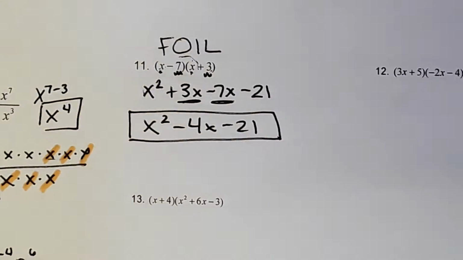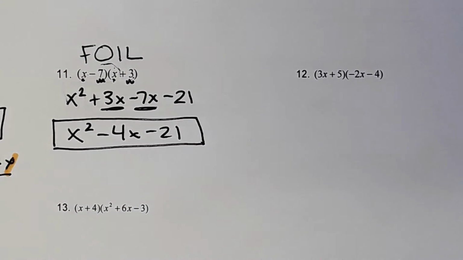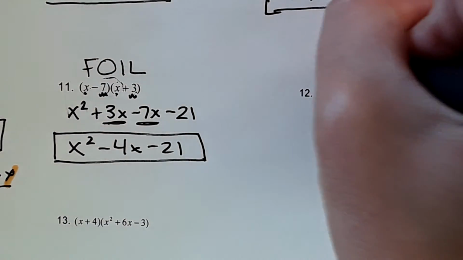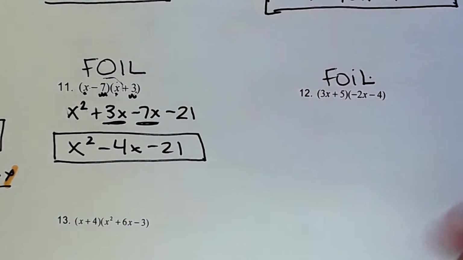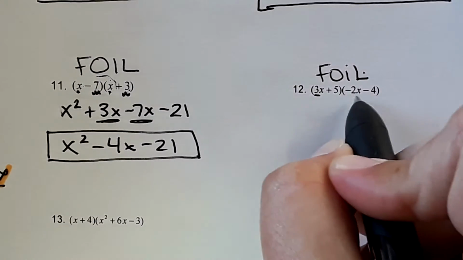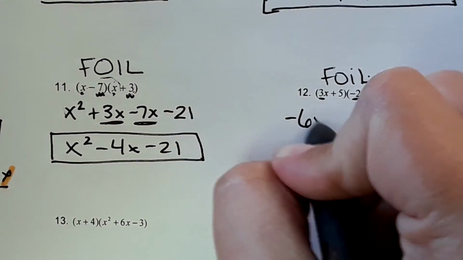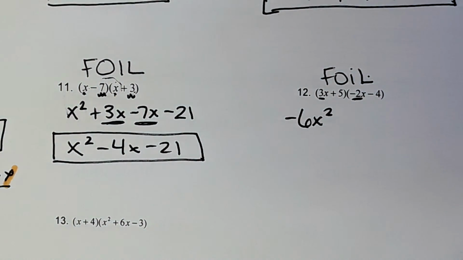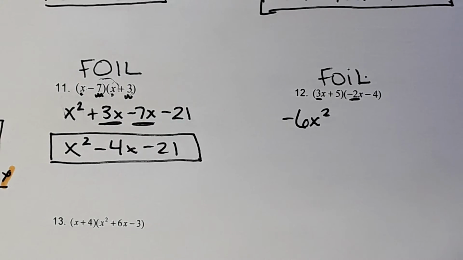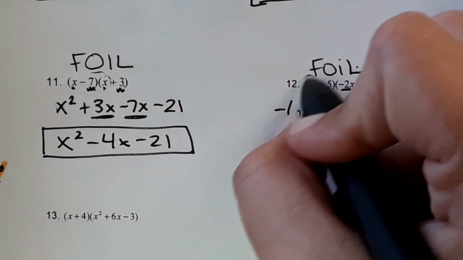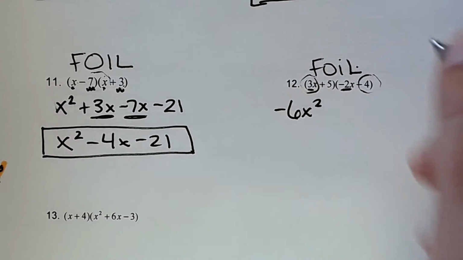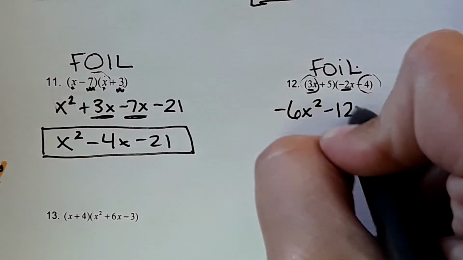Okay. Now number 12, same thing, we're going to use FOIL again. So first would be 3x and negative 2x, which would give us 6x squared. Outside would be 3x and negative 4, so that's negative 12x.